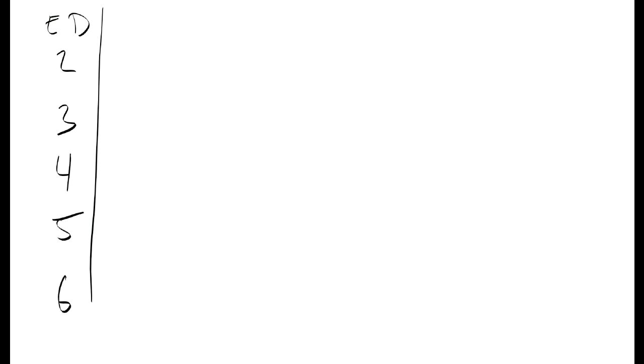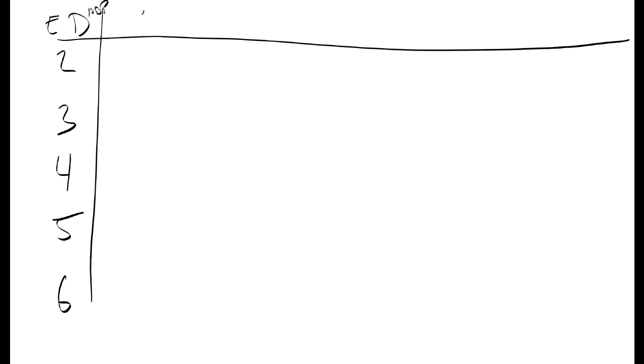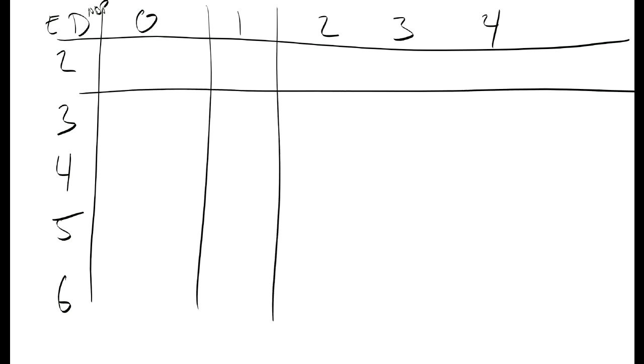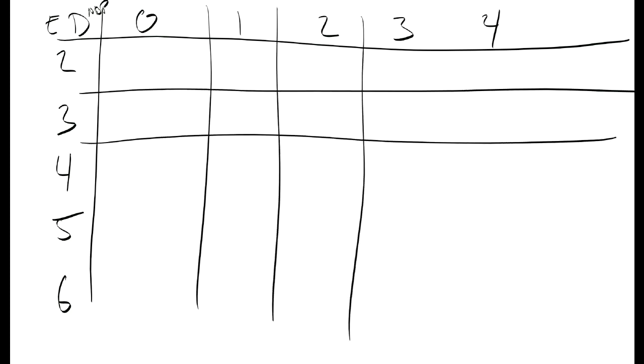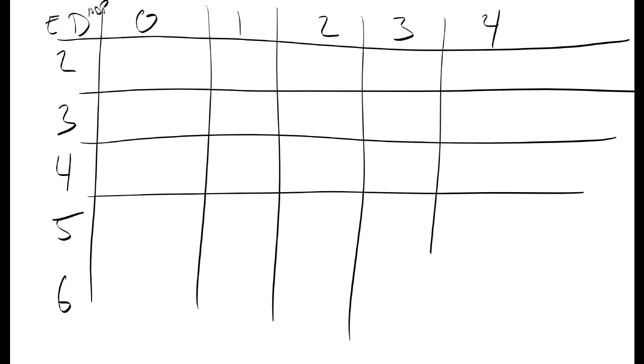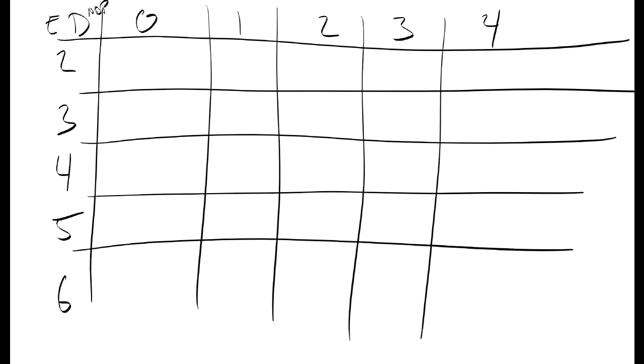Okay, so electron domains: 2, 3, 4, 5, 6, and then non-bonding pairs: 0, 1, 2, 3, 4. I'm not necessarily going to draw every geometry because I don't have a whole lot of space.